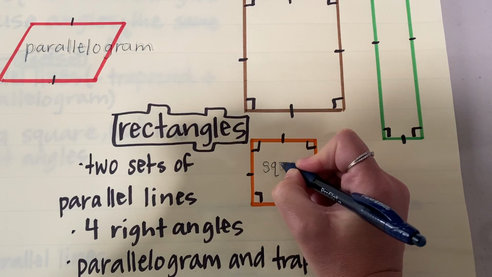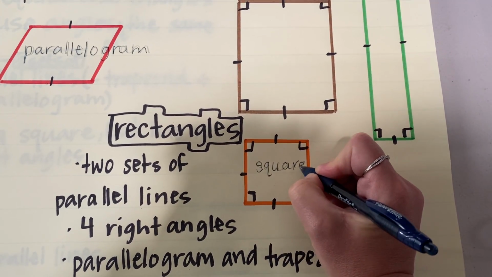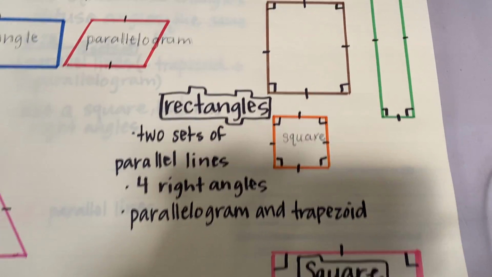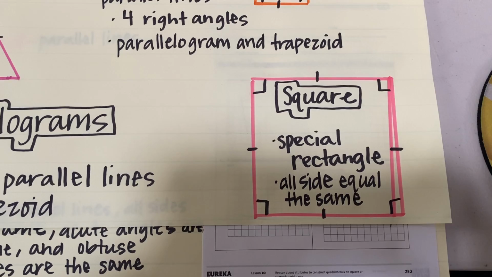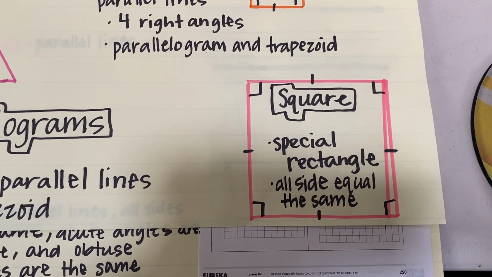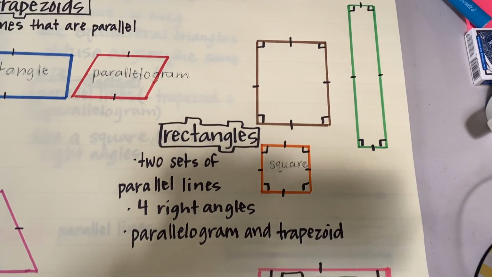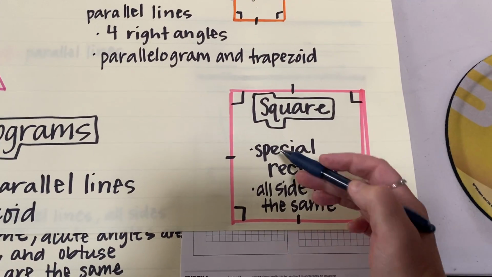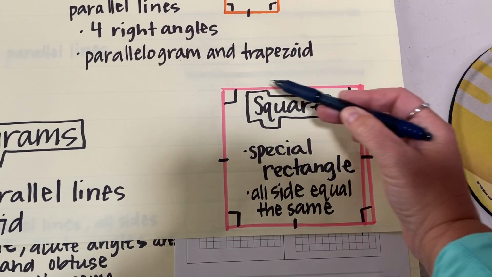It has two sets of parallel lines and four right angles. A square is a special rectangle. All sides are equal. So the difference between a rectangle and a square is that a square's lines are all the same length.